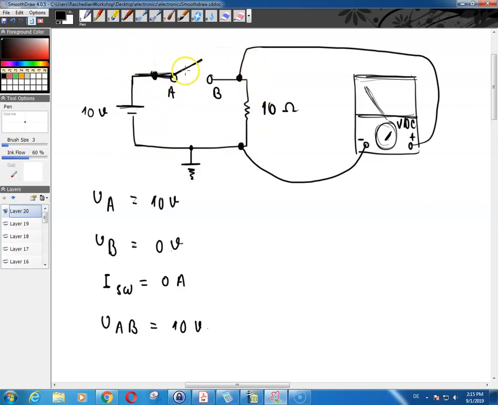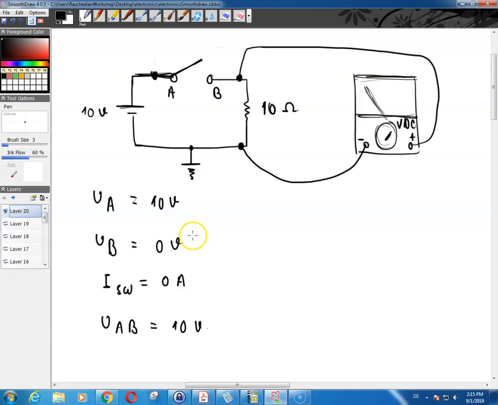Now, since the switch is open, of course no current is flowing through the circuit, and since no current is flowing through the circuit, no current is flowing through the switch. So I of SW, the current going through the switch, is 0 amps.